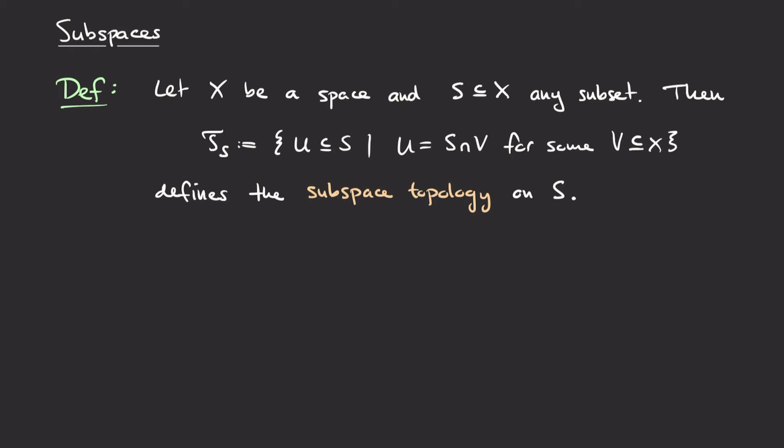It's all the subsets U of S such that U is the intersection of an open set V of X with the subset S. Redrawing our picture from before, if we have the space X here and some subset S here, then the open sets of S are precisely the intersection of open sets U of X with S itself.